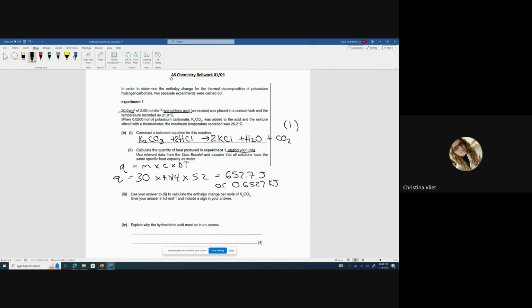But it's not going to help you with the next question, right? So, part 3. Use your answer to 2 to calculate the enthalpy change per mole. When they tell you this, they're telling you the units. They're telling you that enthalpy is kilojoules divided by moles. They say that right here.